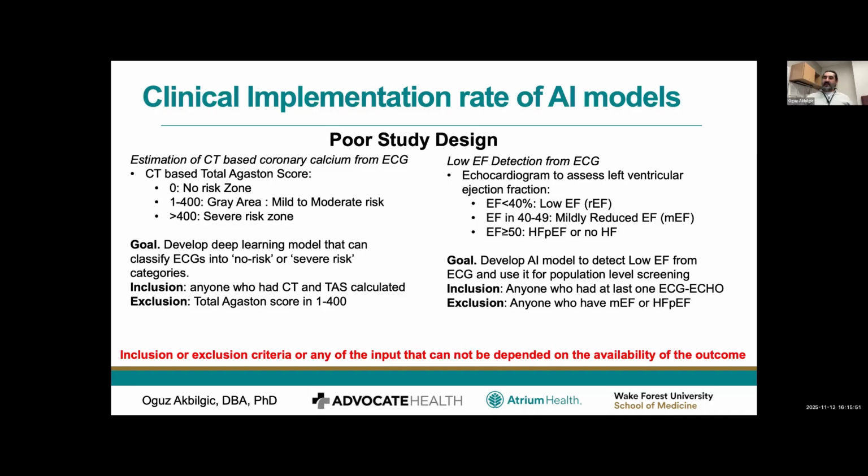So in summary, a lot of AI models are not translated into clinical implementation because either the inclusion criteria, exclusion criteria, or one of the inputs relies on availability of the output, which is kind of contradictory.